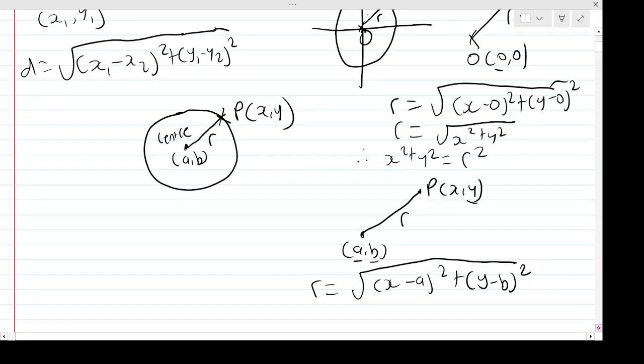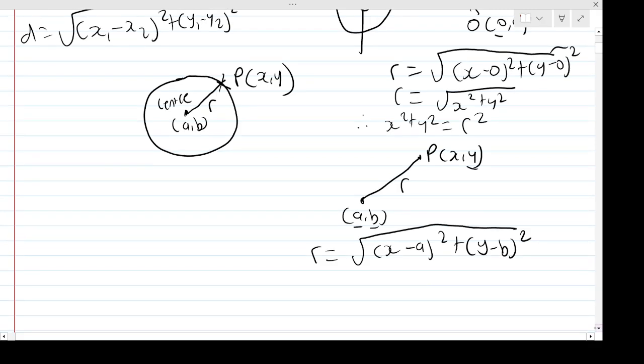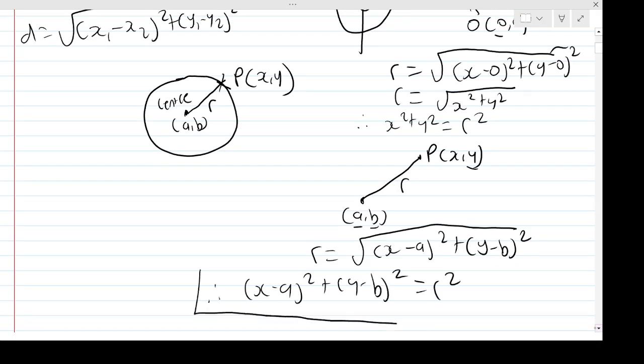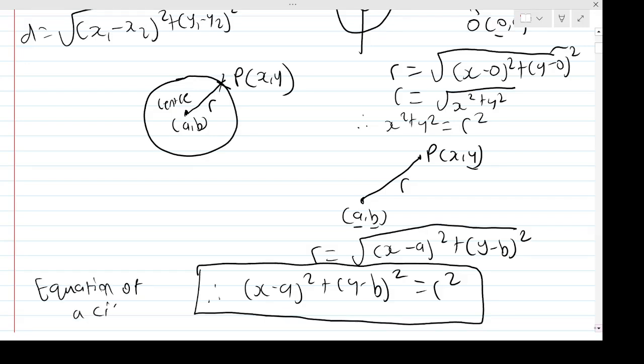Cool, but then again, if we square both sides, we get that (x minus a) all squared add (y minus b) all squared is equal to r squared, and that's the general formula for the equation of a circle. Okay, so I'll make a note there. Equation of a circle, and this holds for absolutely any centre now whatsoever.